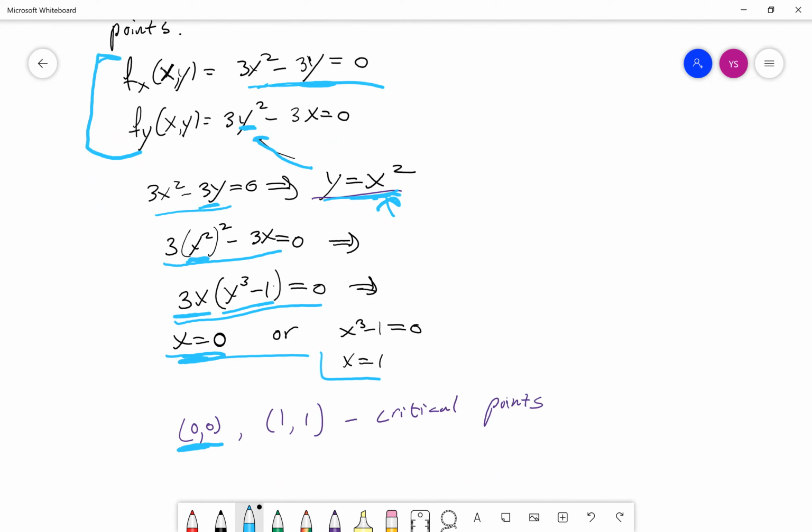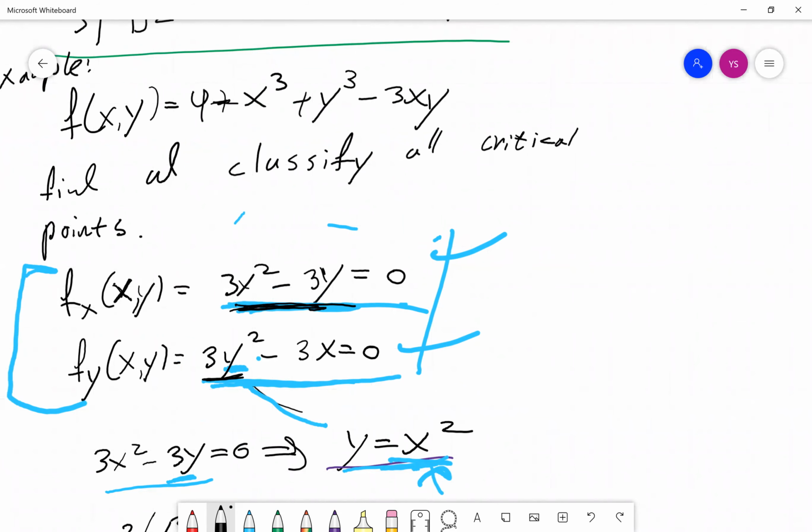Going up here, that is 6x. What is the partial with respect to y twice? We go to the y, and that is 6y. What is the partial with respect to xy? Let's go to the first one and say it's -3, the partial with respect to y, -3.